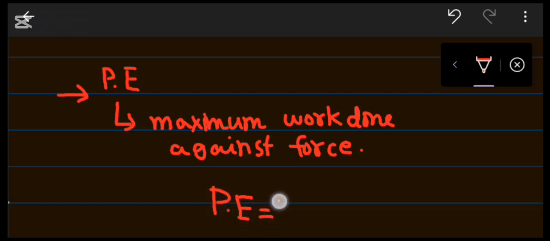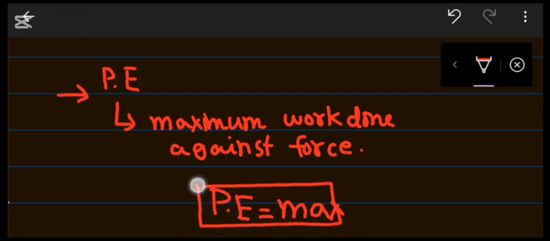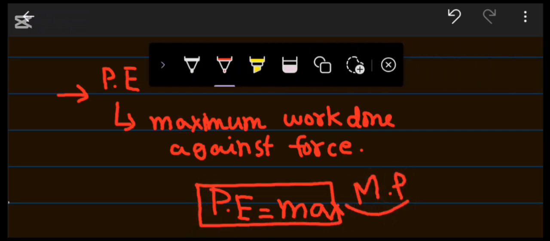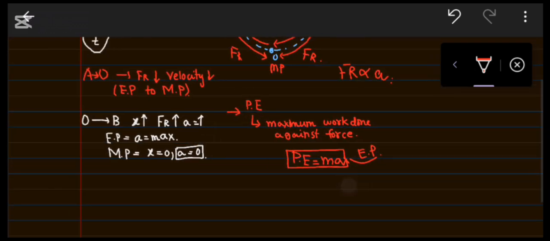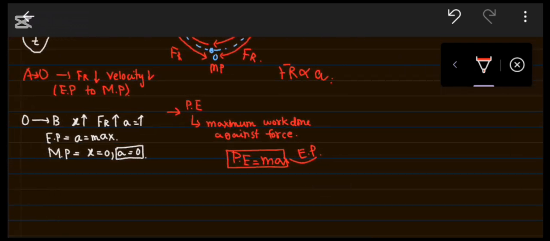And potential energy is maximum at which point? Oh sorry, potential energy is maximum at the extreme point, and in opposite to it, it is minimum at the mean point.